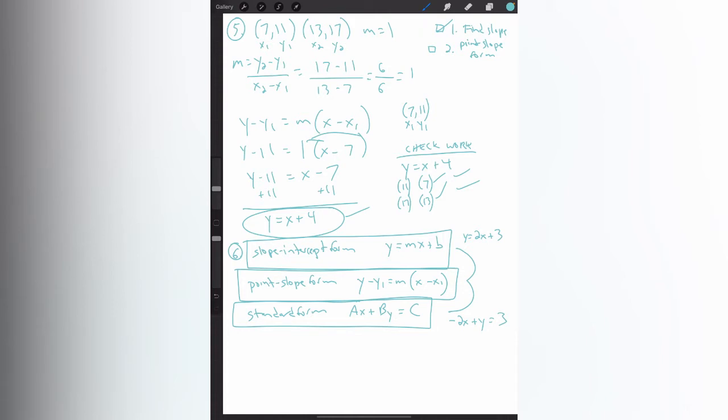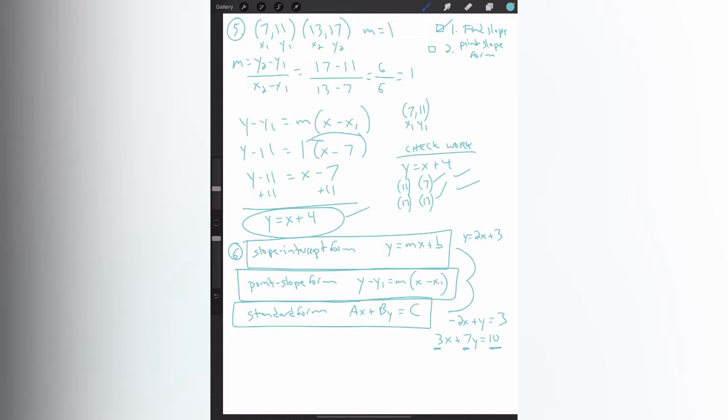Or maybe an even better example, if you had something like 3x plus 7y is equal to 10, just making something up. In this case, notice that you have a number out in front. This would be A, this would be B, this would be C, and you still have your x and y.